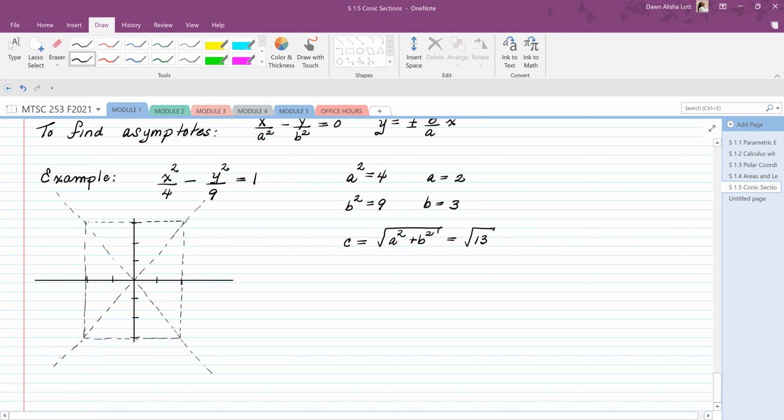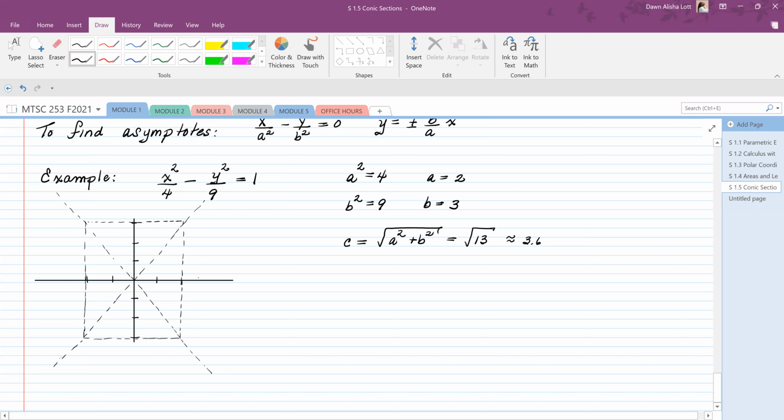And the square root of 13 is, let me just get an idea so I can plot this thing, roughly 3.6.